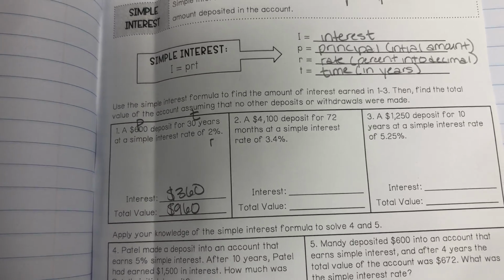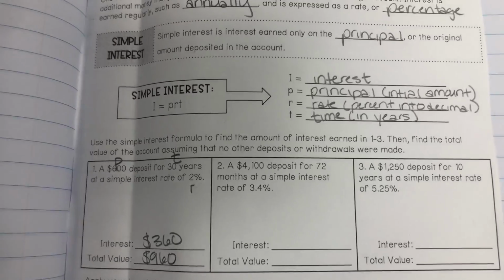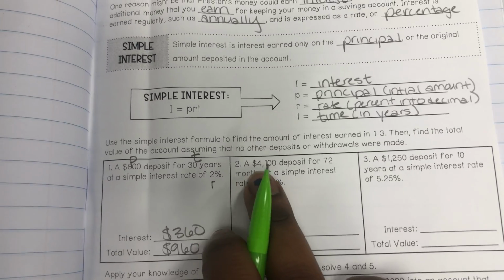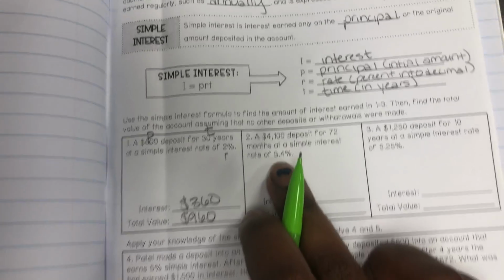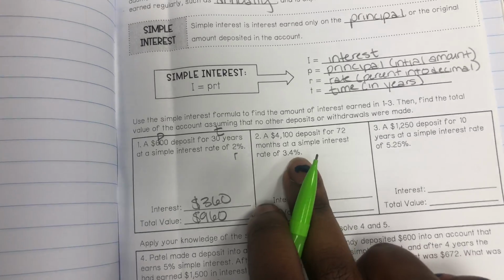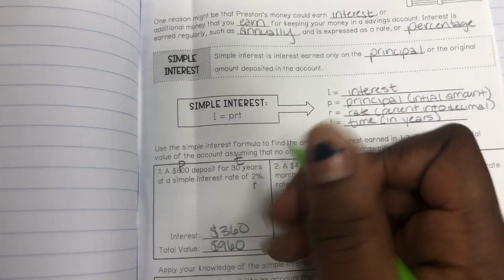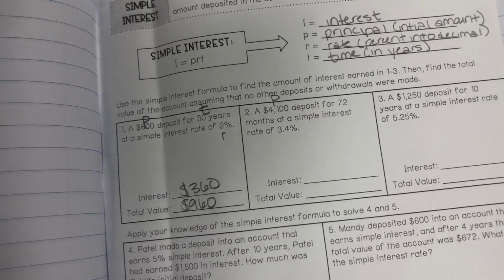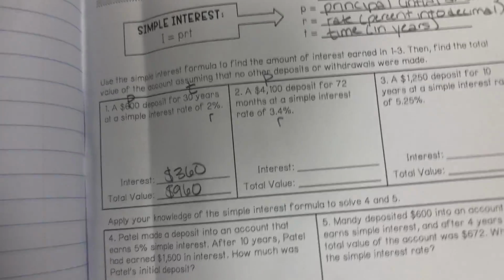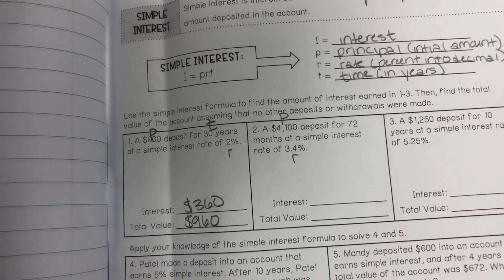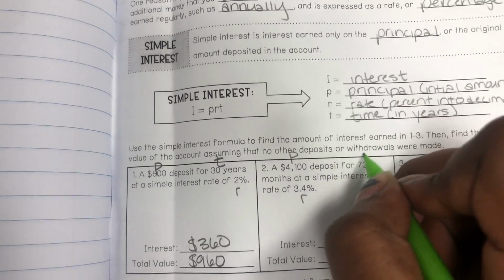All right, then number 2. So number 2 says a $4,100 deposit for 72 months at a simple interest rate of 3.4%. So what is our principal here? 4,100. Our rate, 3.4. And our time, 72 months.